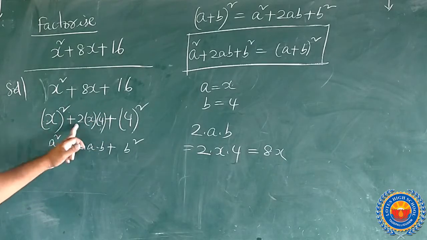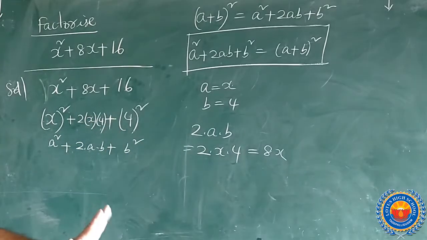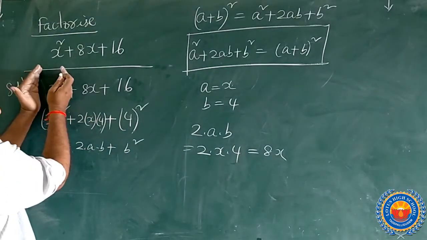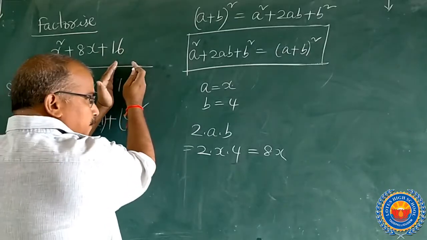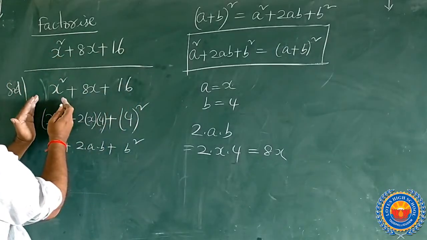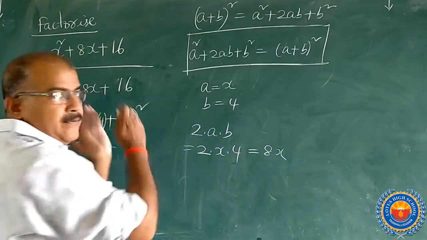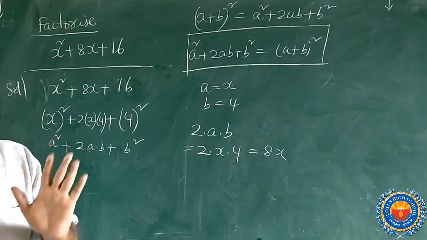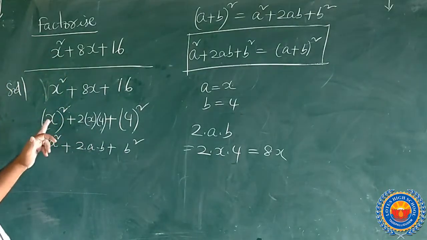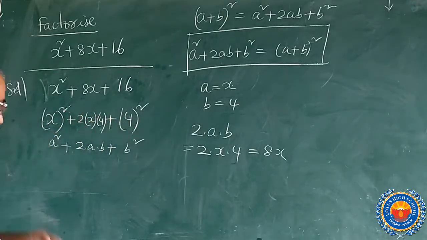That is A square plus 2AB plus B square. It is possible only when this one is a perfect square and this one is a perfect square. Here x whole square is a perfect square, 4 whole square is a perfect square. Then only we can do it, otherwise we cannot. So here it looks like A square plus 2AB plus B square.